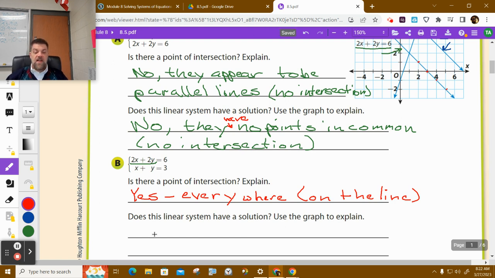So we say, does the linear system have a solution? Yes. And that's why we're using the word for all points in common.